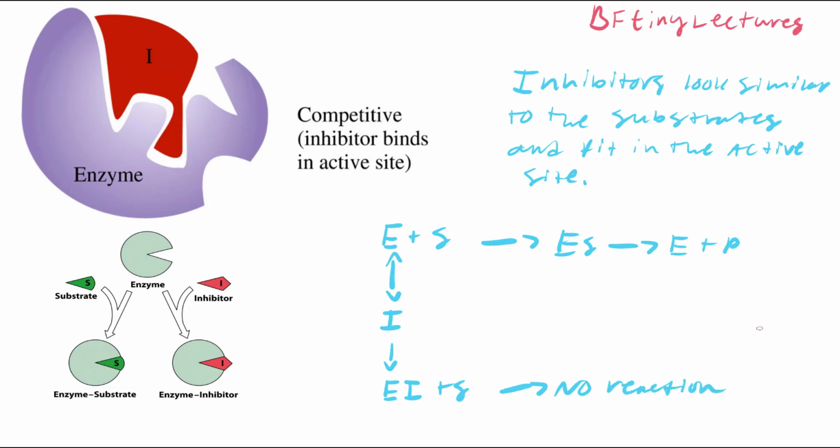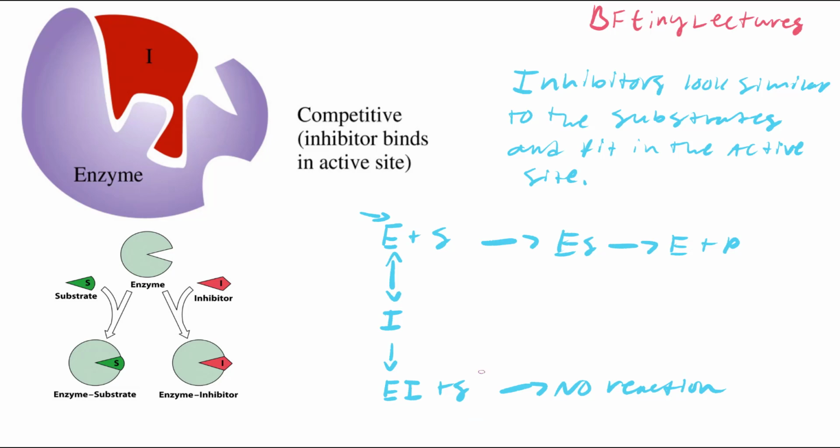So let's recap. Normally you want to go this route, the top part of it. So the enzyme plus the substrate gives you the ES complex, which then gives you the enzyme and the product. But the enzyme can also be taken by the inhibitor. And when that happens, you have the enzyme-inhibitor complex plus the substrate.